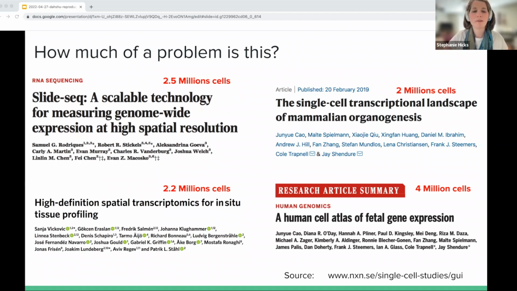I pulled these 4 papers from a manually curated database, shown at the bottom, by Valentin Svensson and Lior Pachter. It's a really cool database where you can explore many different things; I think there are over 500 or 1,000 publications where they've manually curated metadata about each study. What I'm showing you here is that we are standardly producing data sets of 1 million cells or more. And in fact, these numbers have even grown in 2021 and 2022.